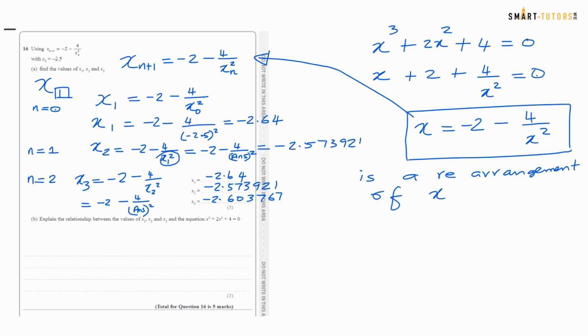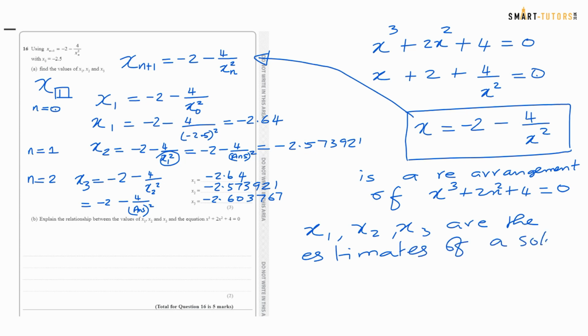So this equation is a rearrangement of x cubed plus 2x squared plus 4 equals 0.